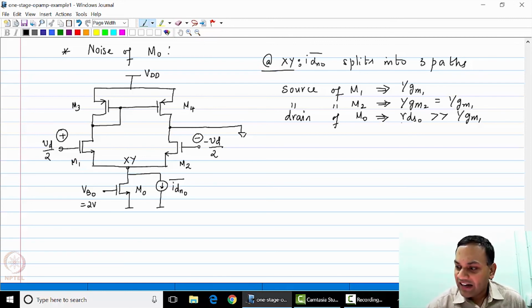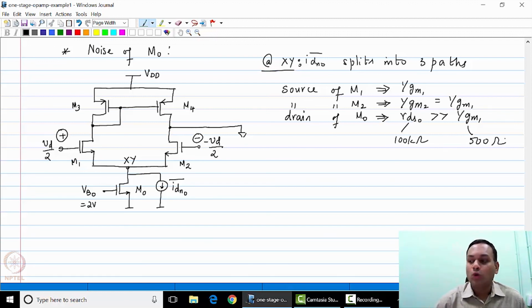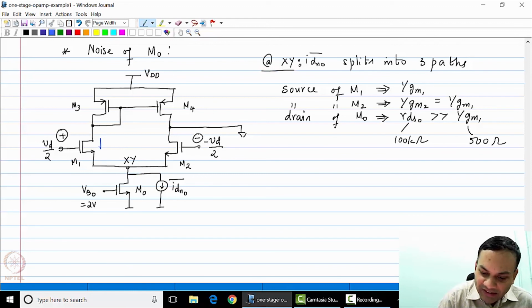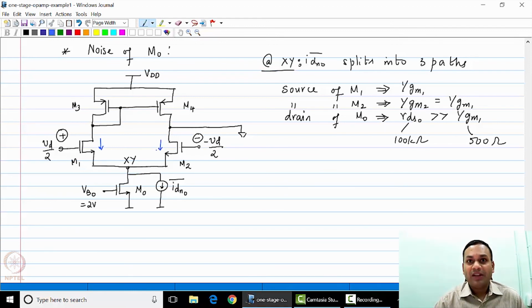As you can see, RDS0 is 100 kilo ohms, and 1 over GM1 is approximately 500 ohms. So all of the current flows up into the sources of M1 and M2, and half of the current flows through M1 and half through M2. So this current splits equally between these 2 parts.